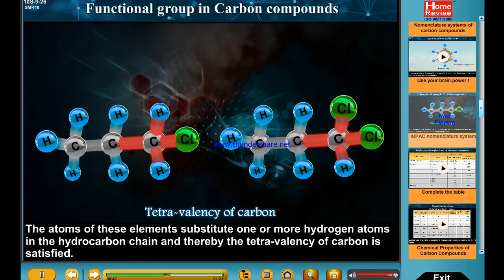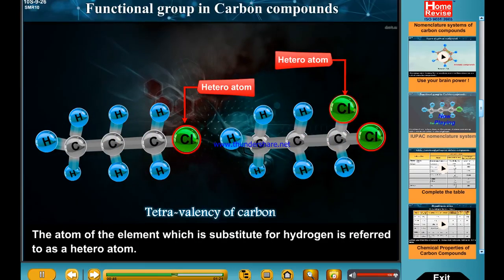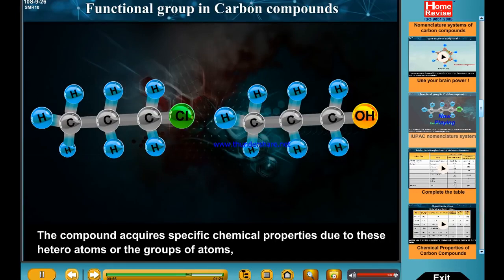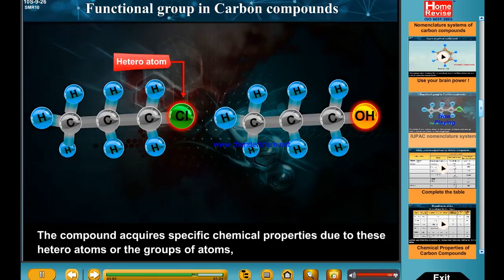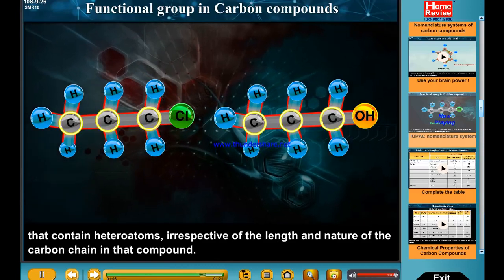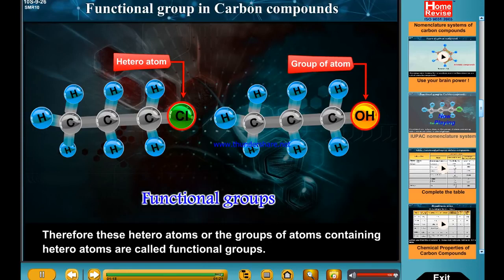The atom of the element which is substituted for hydrogen is referred to as heteroatom. Sometimes heteroatoms are not alone but exist in the form of certain groups of atoms. The compound acquires specific chemical properties due to these heteroatoms or the groups of atoms that contain heteroatoms, irrespective of the length and nature of the carbon chain in that compound. Therefore, these heteroatoms or the groups of atoms containing heteroatoms are called functional groups.